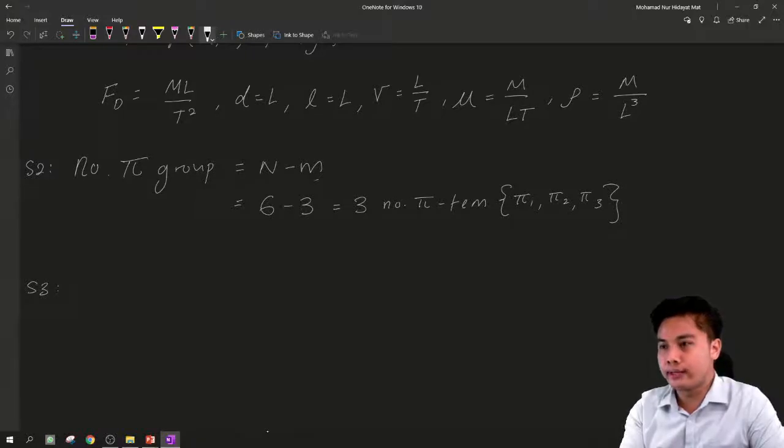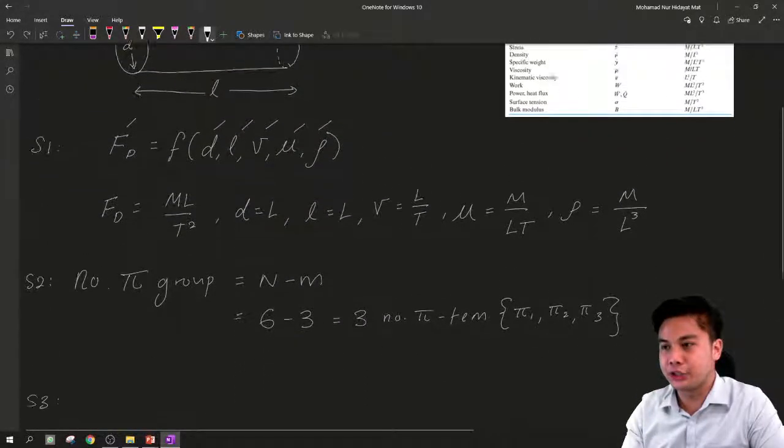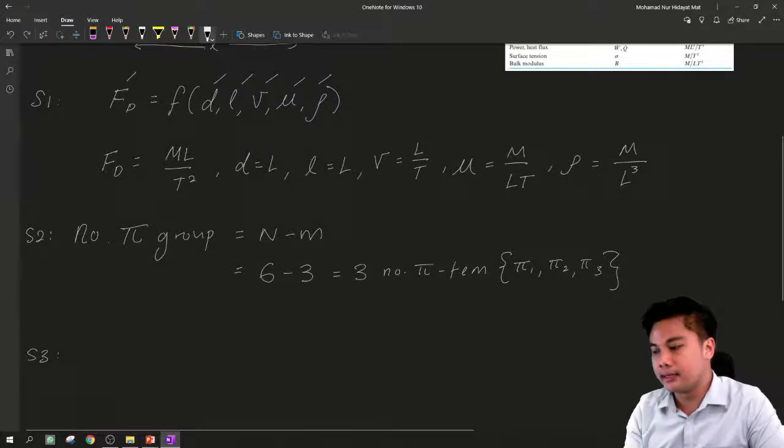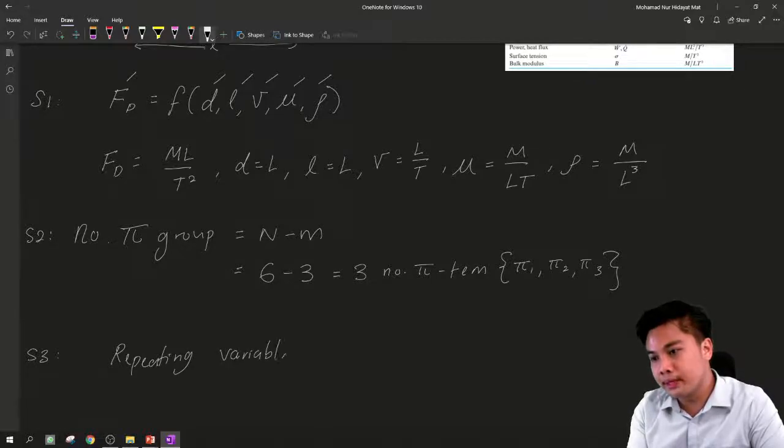Normally we look at the value of M, which is 3. First we investigate by inspection. We call it a repeating variable because it repeats itself in all pi terms.